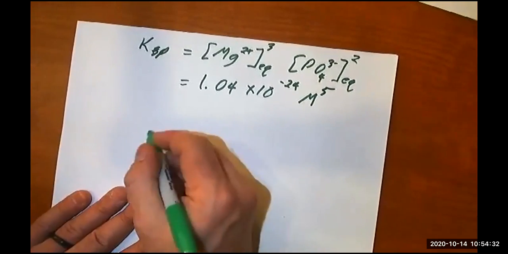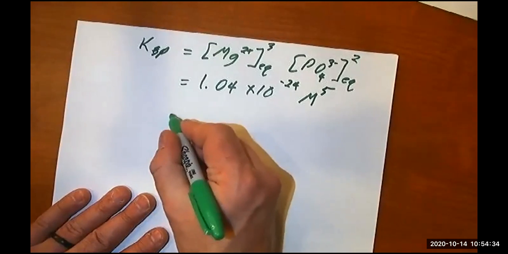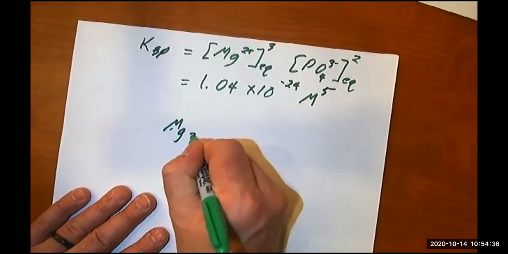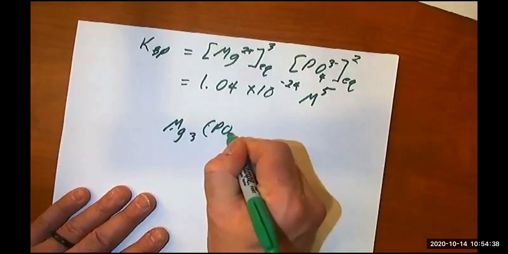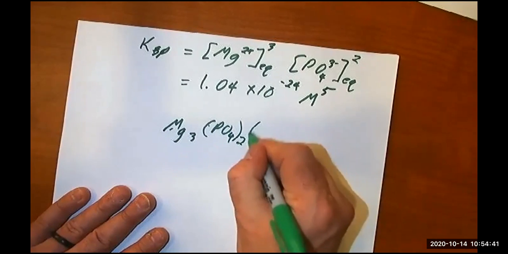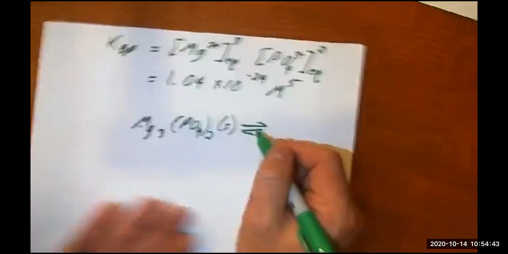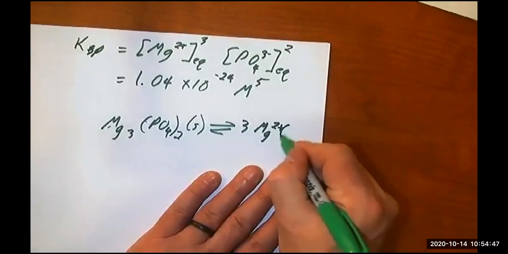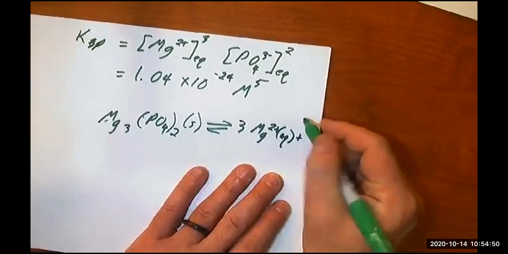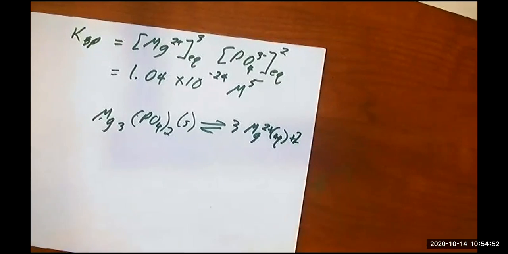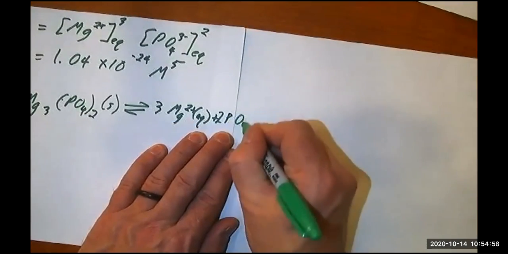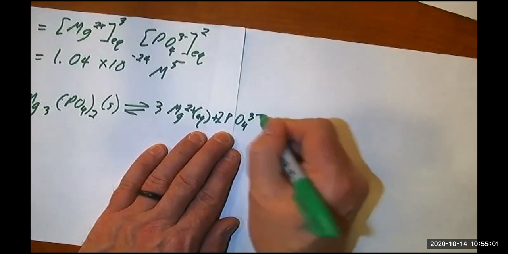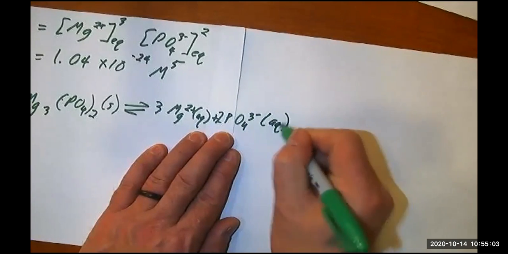We had an ICE table that was set up, Mg3(PO4)2 solid in equilibrium with 3 Mg2+ aqueous plus 2 PO4 3- aqueous.